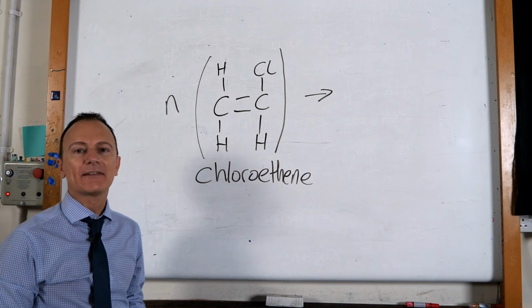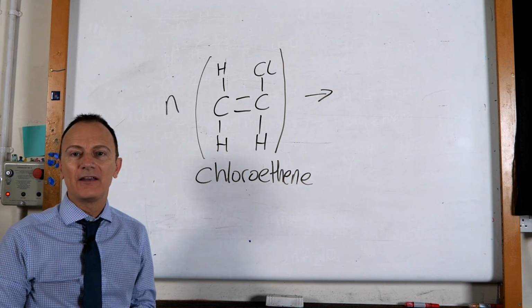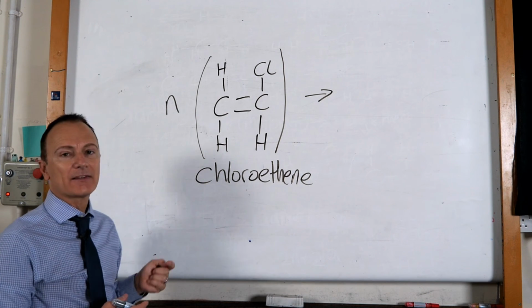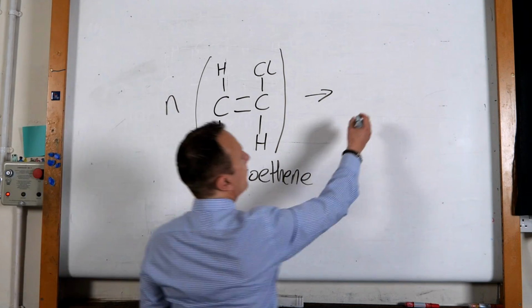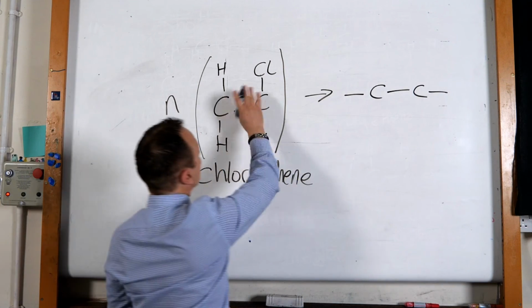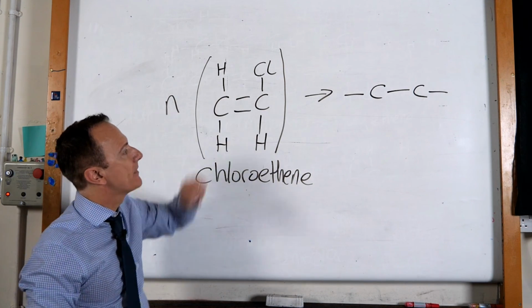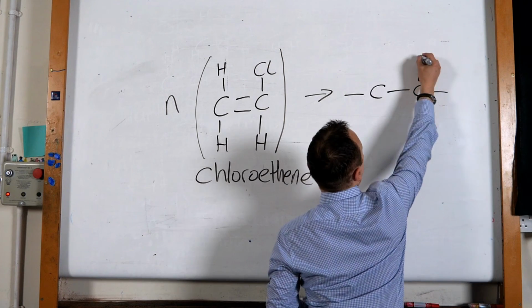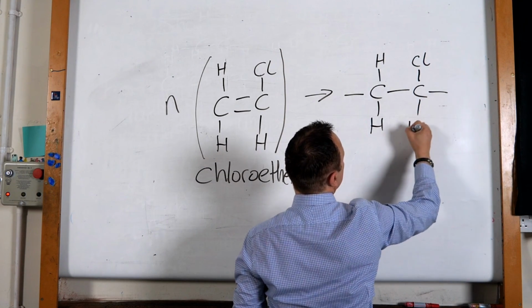In your GCSE exam, the examiners will often give you the first half of a polymerization equation and ask you to complete it. So all you simply do is first of all open up that double bond. The rest of the molecule is the same, so we started with chloroethene with that chlorine atom there, and the rest are hydrogen atoms, just like with ethene.